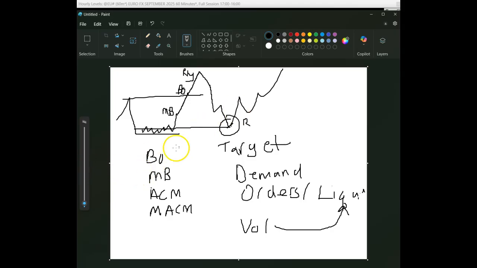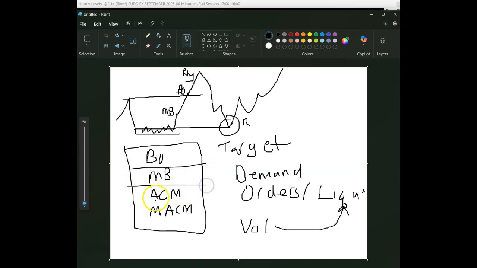So again, the key is understanding the structure of the rally. The rally has a breakout. It may or may not be a markup bar. Before a markup bar comes accumulation. And in accumulation, you have a line of max accumulation, and that is your support.